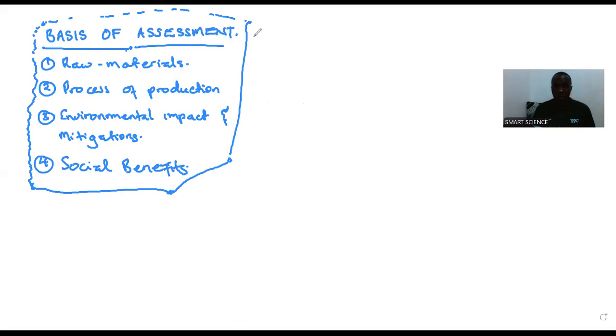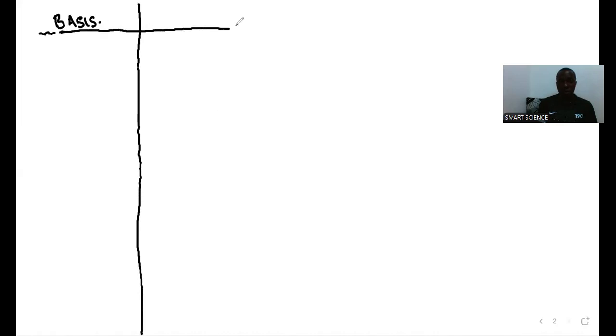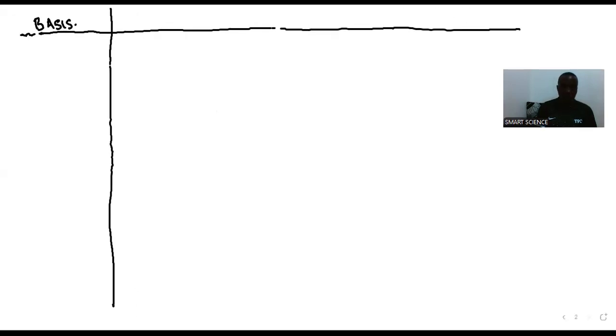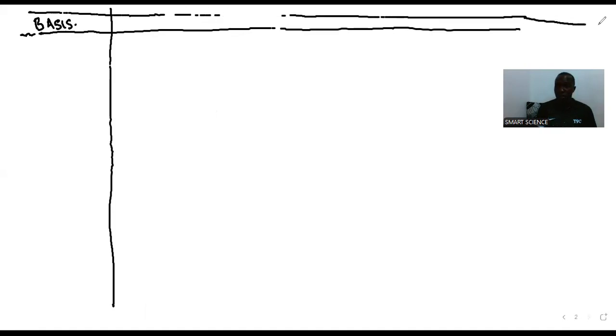So if we are starting to respond, this is my basis, and on that basis, we shall provide a write-up. A learner is free to go ahead and draw a simple table of this nature. If you come up with a table of this nature, we have no challenge with you as a learner.